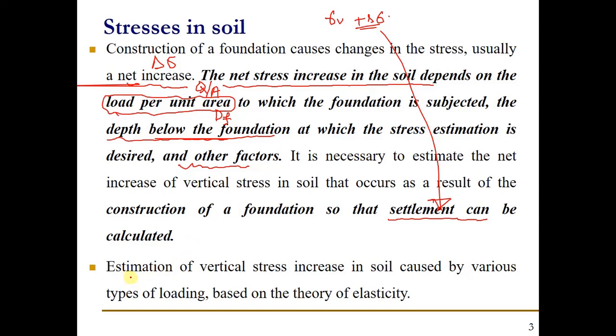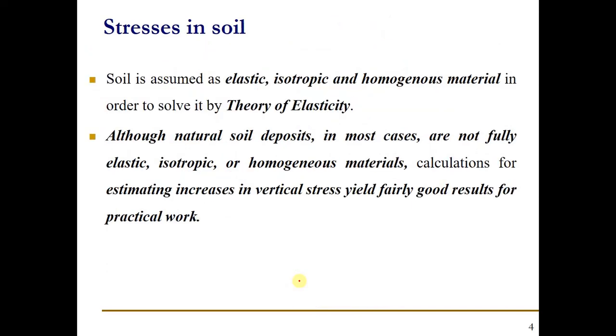Those net stress increases, estimation of the vertical stress increase in soil caused by various types of loading, are based on the theory of elasticity. Now, soil is assumed as elastic, isotropic and homogeneous material in order to solve it by the theory of elasticity.